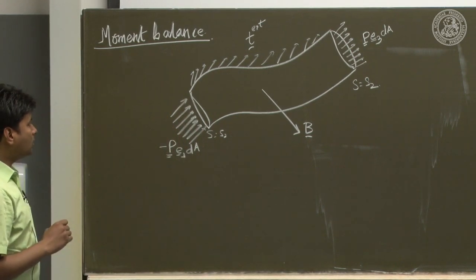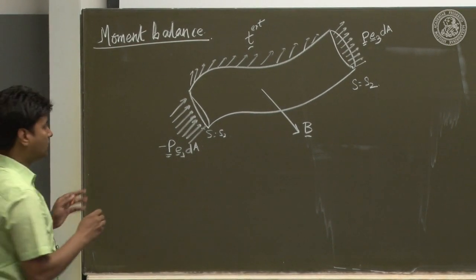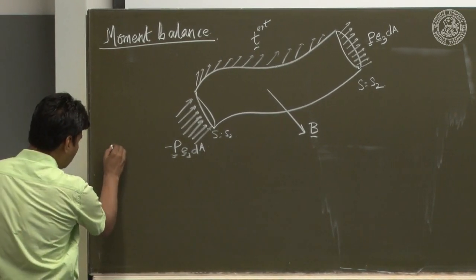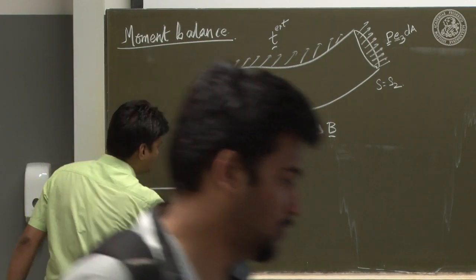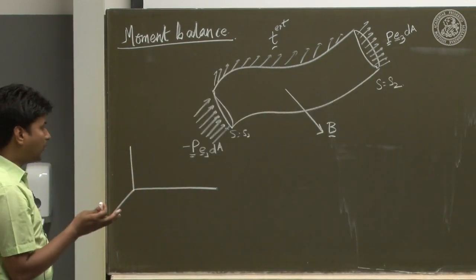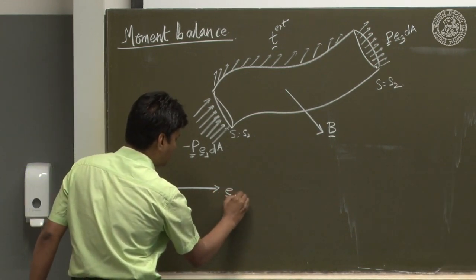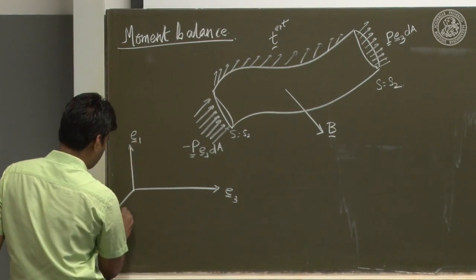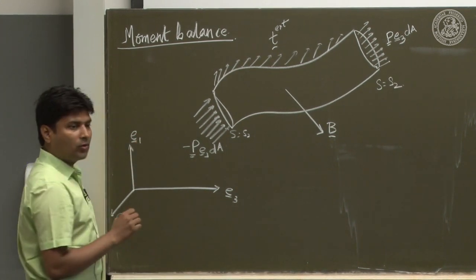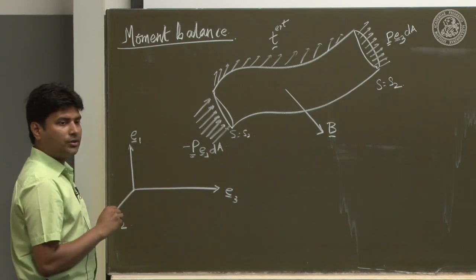Okay, so we had done the force balance, so we want to do now the moment balance. For moment balance we have to choose a reference point about which we will compute the moment. So let's take that to be the origin of the coordinate system itself. So we will do moment balance about the origin.